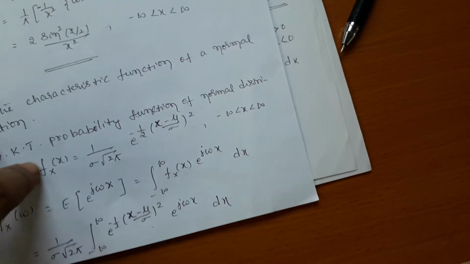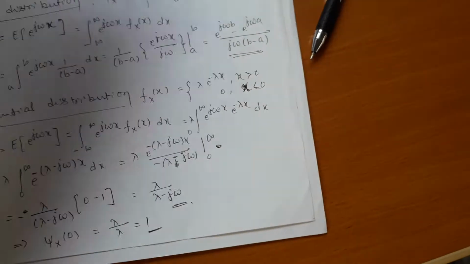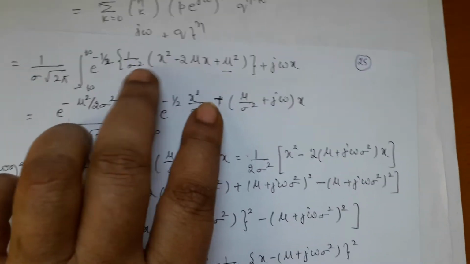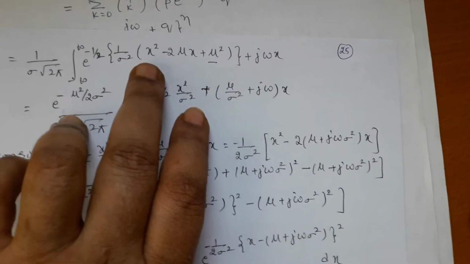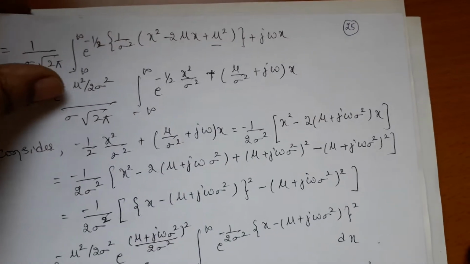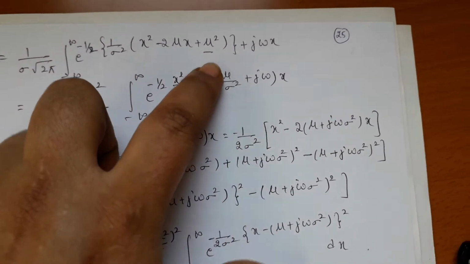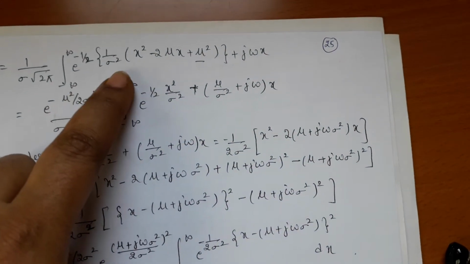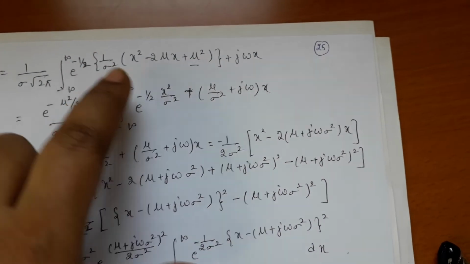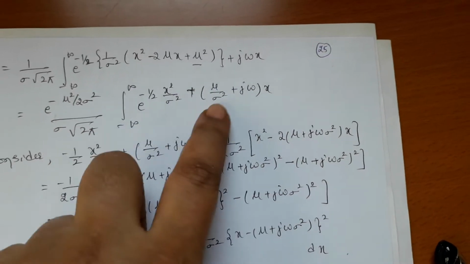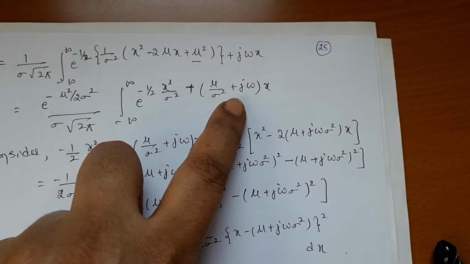Now I have to simplify this further. Expand (x minus mu by sigma) whole square, which means 1 by 2 sigma square into x square minus 2 mu x plus mu square, plus another term j omega x. Group these two terms, the mu x and the j omega x terms, after you multiply by the minus sign.